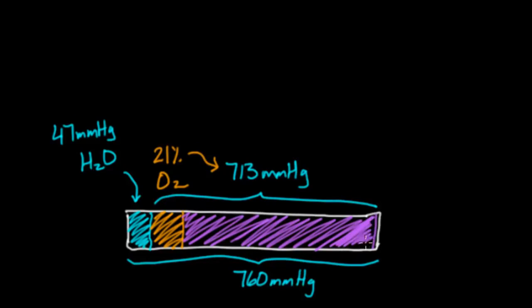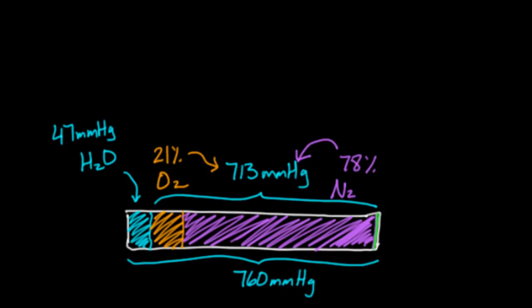So we're not talking about breathing out. We're just talking about breathing in. And this purple I'll write right here, and this is 78%. Again, this is 78% of 713. And we still have a little bit of that argon and those other gases. I won't write it all out, but you get the idea that basically now, because water is taking up some of the overall pressure, all of the other gases are going to have, of course, a lower partial pressure.